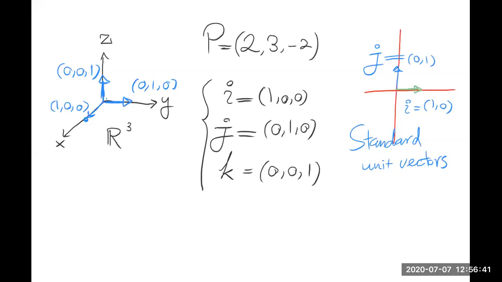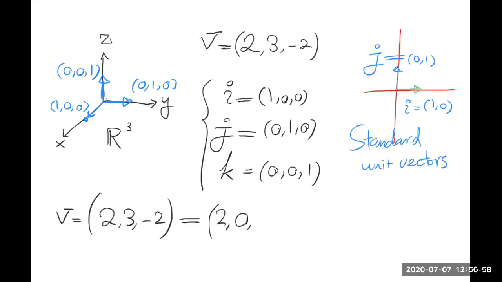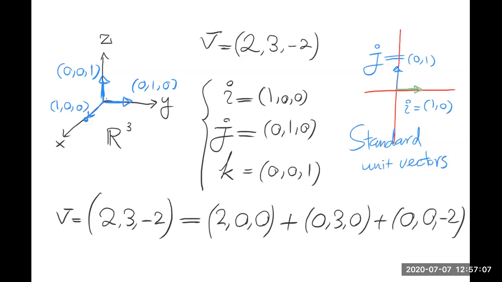Just like the 2-dimensional case, we can use these notations to present any vector. So for example, let's say we have a vector, let's show it with V. We have a vector 2, 3, -2. I can write 2, 3, -2 as 2, 0, 0 plus 0, 3, 0 plus 0, 0, -2. Why can I do that? Because when we add vectors, we do it component-wise.